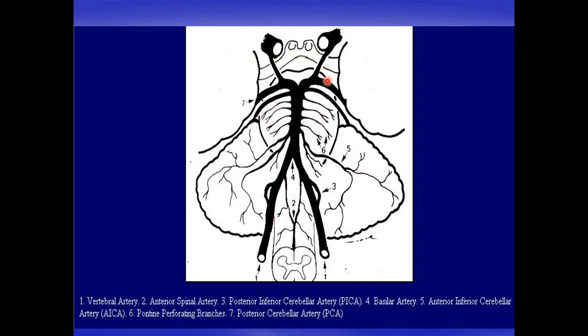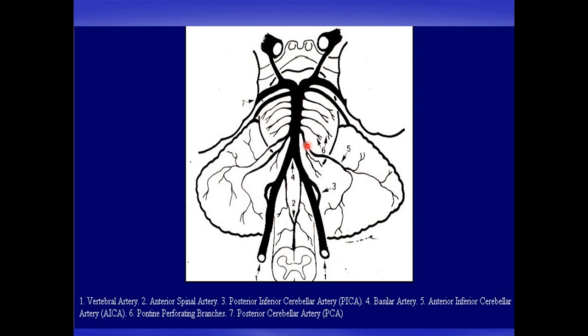However, in most people, this circle is not complete. There is something missing: PCOM is missing, ACOM is missing. There are a lot of variations. So we have here the posterior inferior cerebellar artery, PICA, that arises from the vertebral artery.